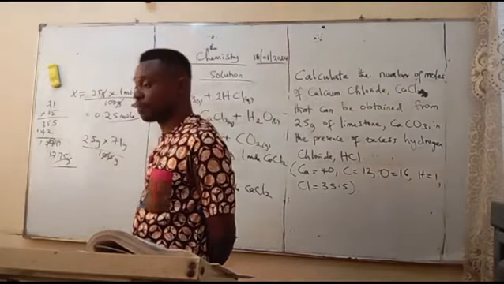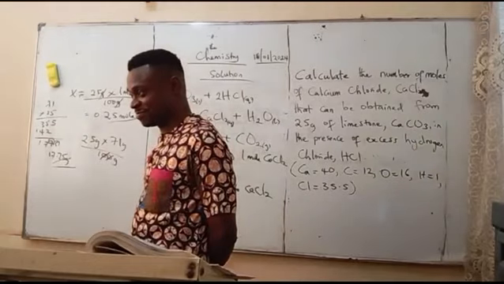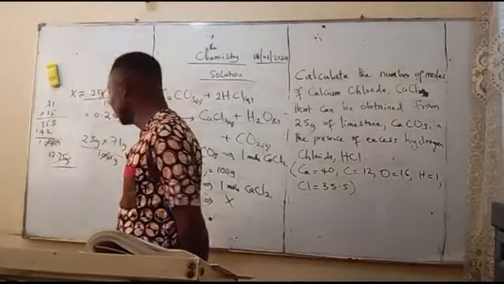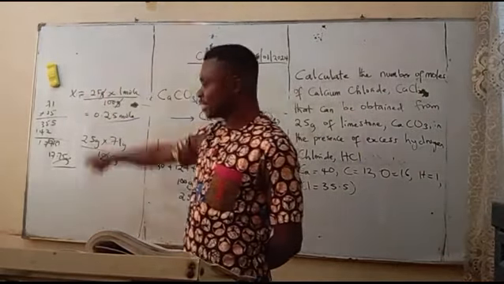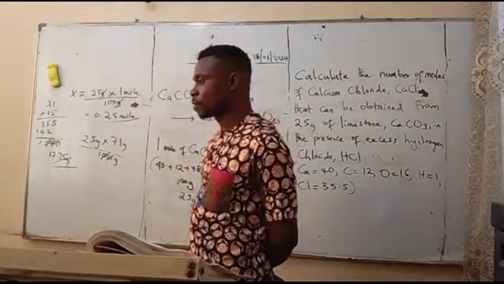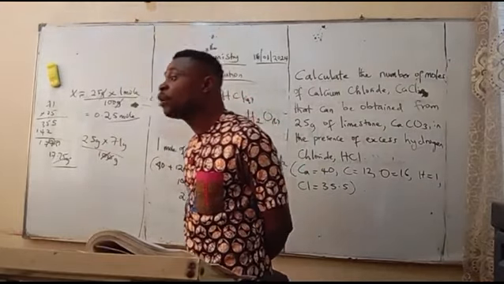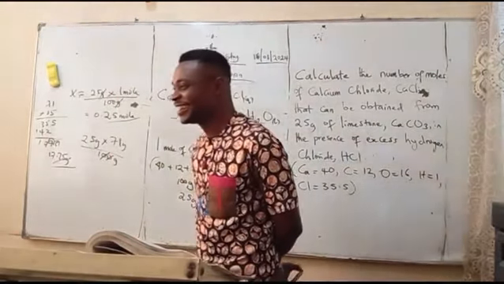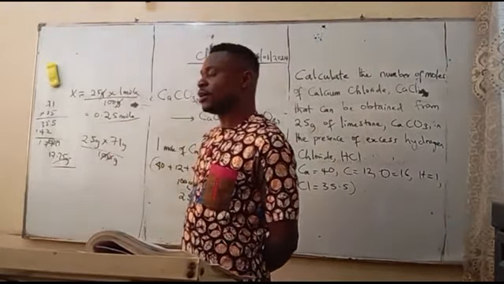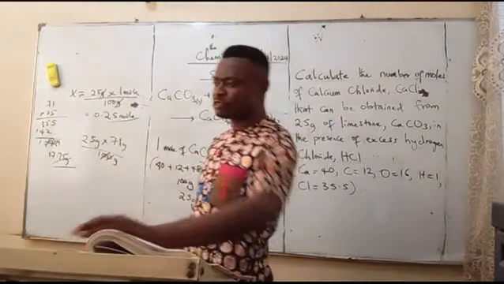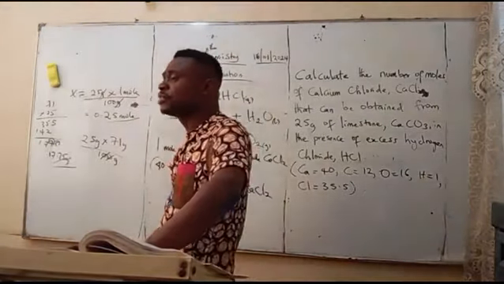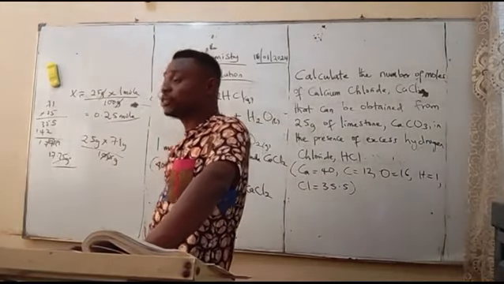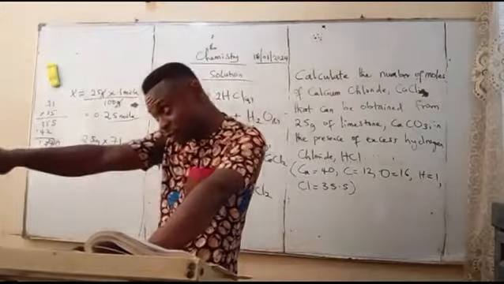Which one is my reactive mass? This is the reactive mass now. Is that not the mass? Which one is my moles? My N is what? I should be asking you that question, not you asking me.